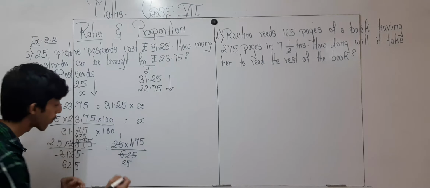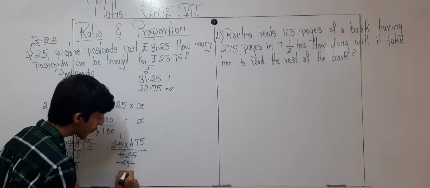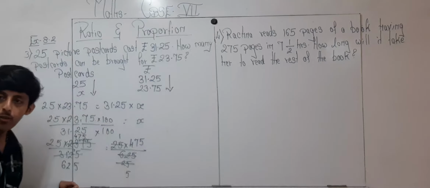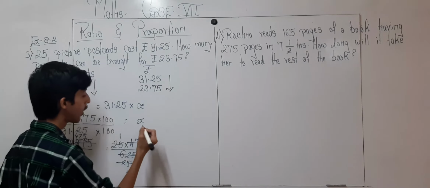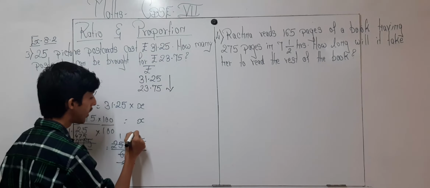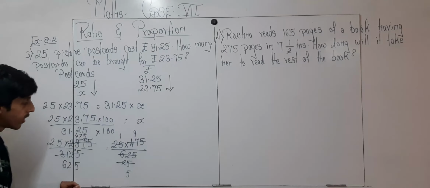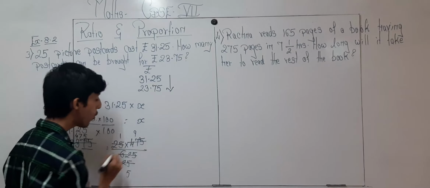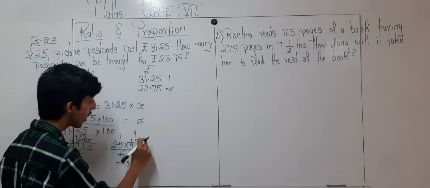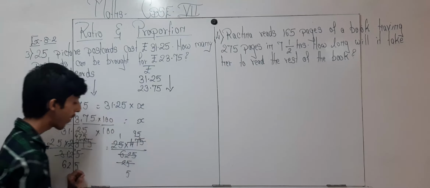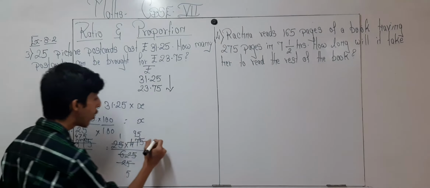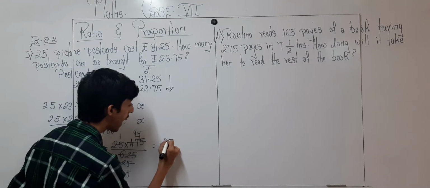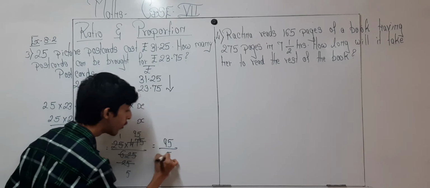Now again I will divide by 5. 5 5 are 25, 5 9 are 45, 5 9 are 45, and 2 remains, and again 5 5 are 25. Now I have 95 upon 5.